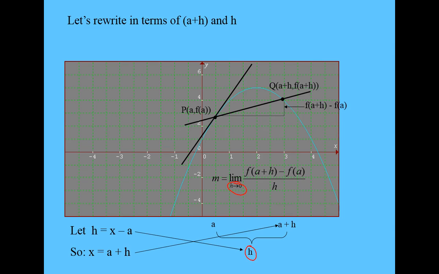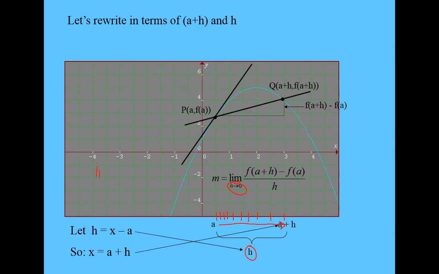Well, that has the same effect as x approaching a in our other form, because h is the distance from here to here. Well, if h is going to 0, that means we are taking values closer and closer. This means h is getting closer to 0. And so you'd see the slope of your secant line is getting closer to the slope of the tangent line.